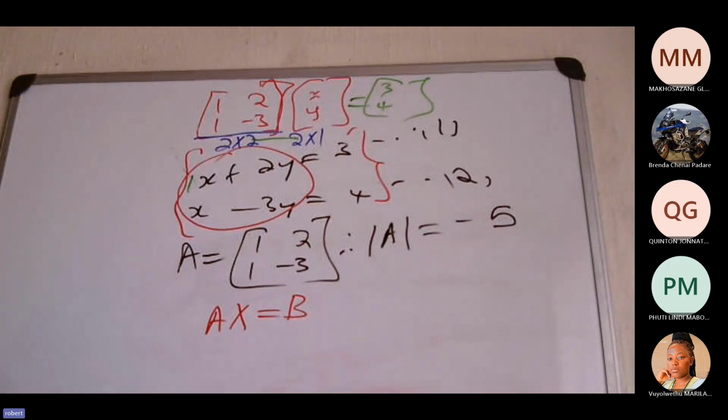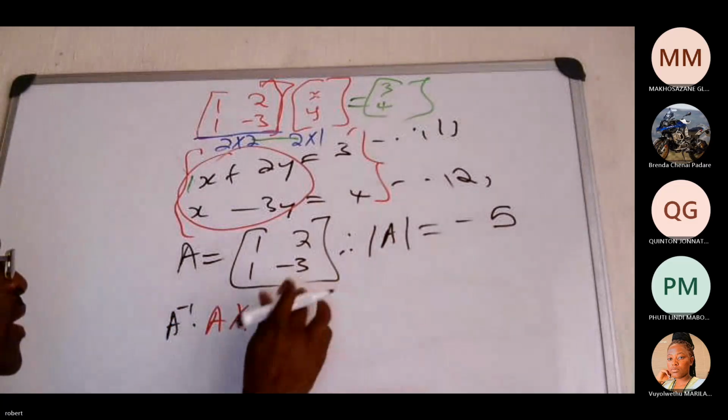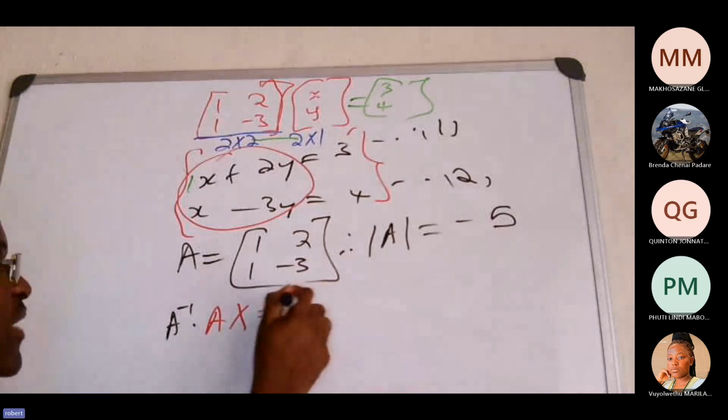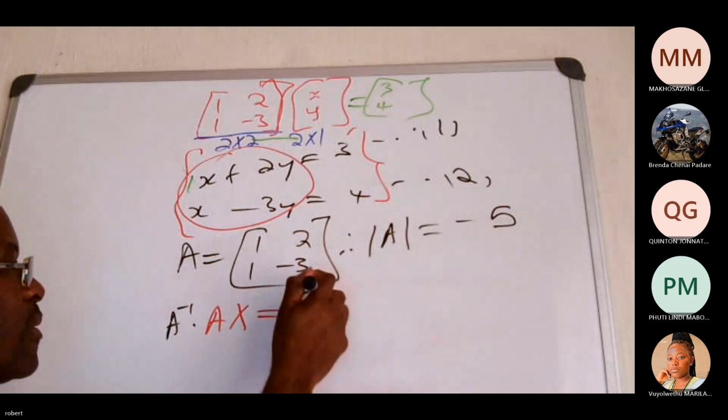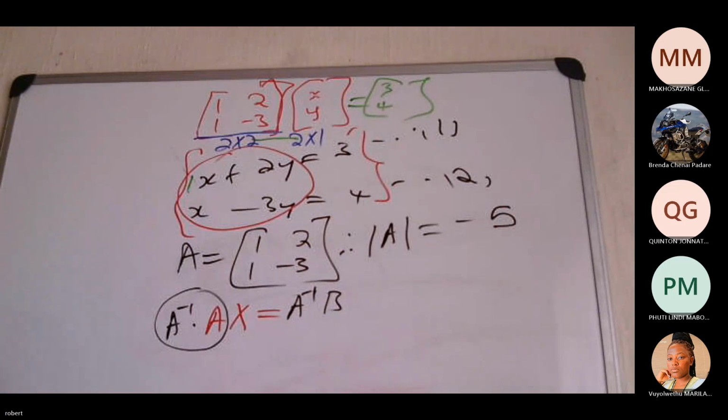So therefore, if you multiply both sides by the inverse, then this by this, because it will exist, because the inverse and the matrix have got the same order. Therefore, the product will exist, irrespective of the order. Whether you say inverse A by A or A by inverse A, the answer will be the same.